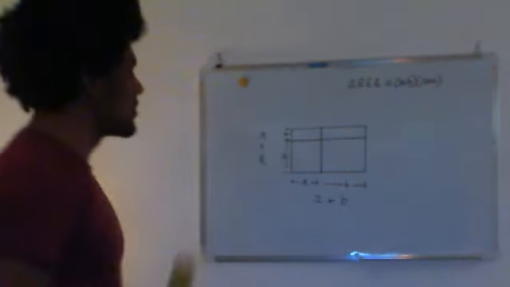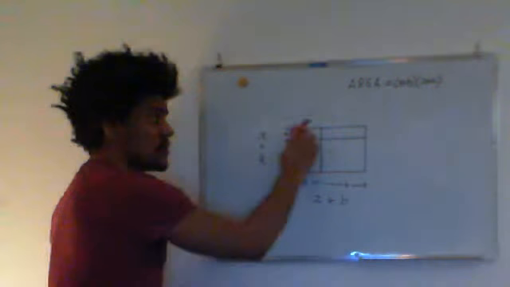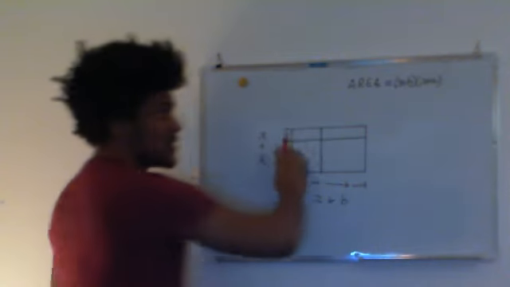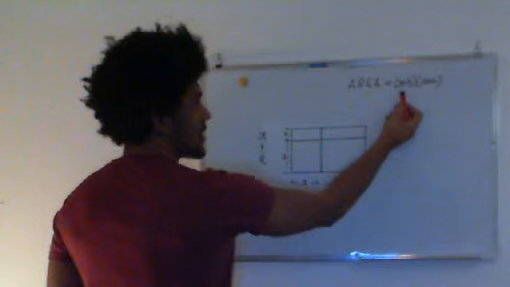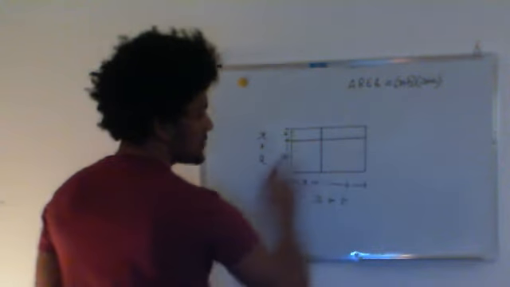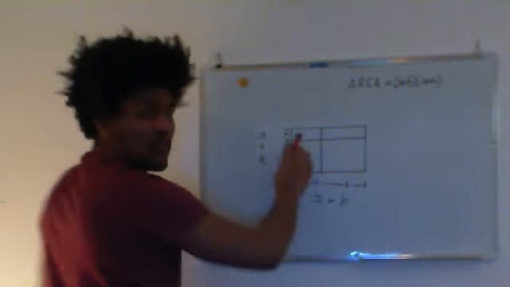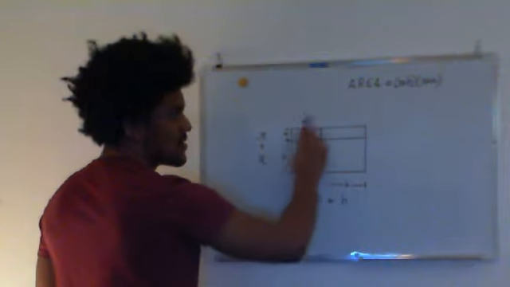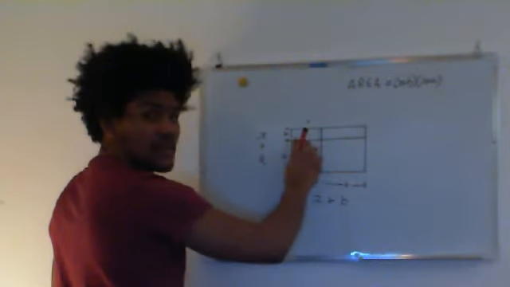And we divide up the rectangle into 4 pieces by these divisions. We have 4 different rectangles which make up the sum of these areas, because it's going to be that one plus that one plus that one plus that one.